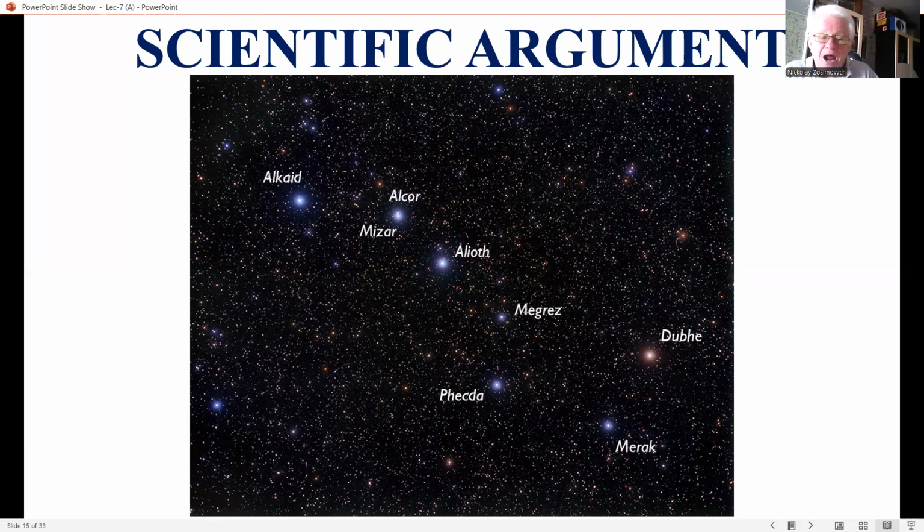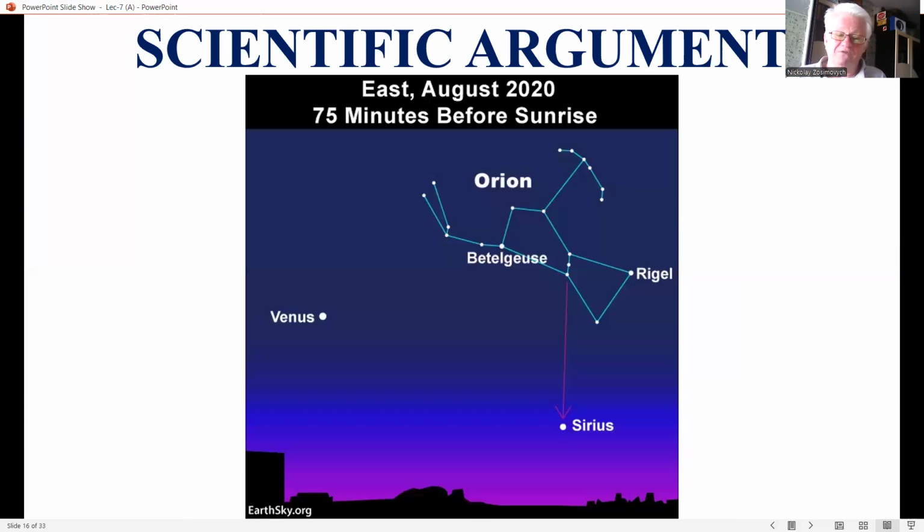Most of the bright stars in Canis Major, for instance, are supergiants. Sirius, one of our favorite stars, is the brightest star in the sky, but it is just a main sequence star. It looks bright because it is nearby, not because it is very luminous.